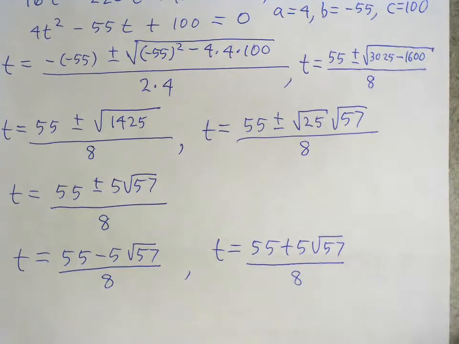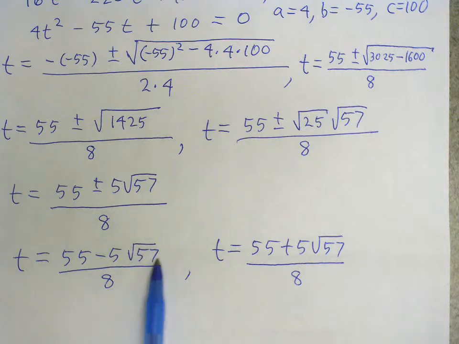Okay, so I'll leave the rest of this for you to do, I'll just make a couple of comments. Make sure that you know how to get your calculator to tell you what you want it to tell you. So we can observe an approximate answer. The square root of 57 is between 7 and 8.